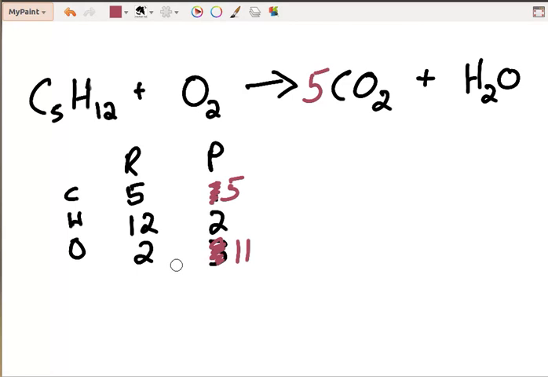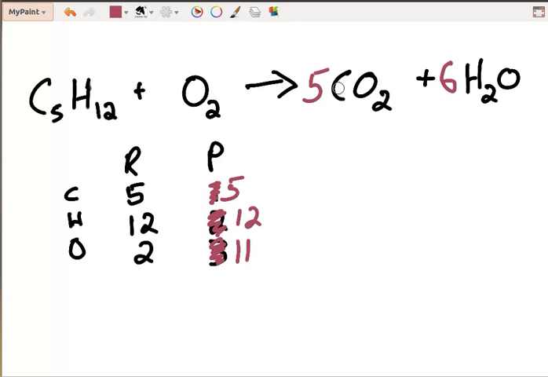So let's balance the hydrogen next. We've got hydrogen that's only in 1 molecule there and 1 molecule here. I think the oxygens are going to be the hardest one since it occurs in the most molecules here. So let's leave oxygen till the end. Hydrogen, I've got 12 here, I've got 2 here, so I need 6 H2O here. That would mean I'm balanced in my hydrogens now, so that's 12 on the reactant side, and 6 H2 means 12 of those, all sweet. Now where am I with the oxygen?